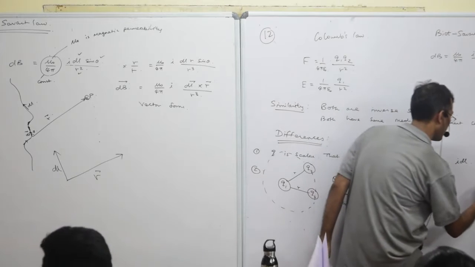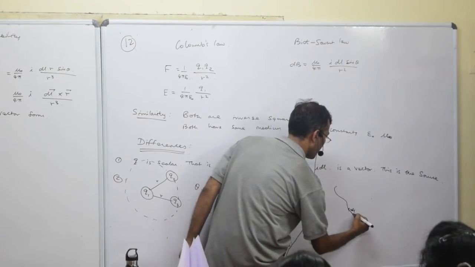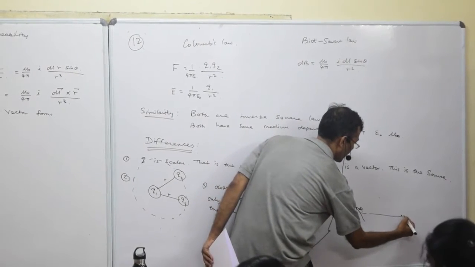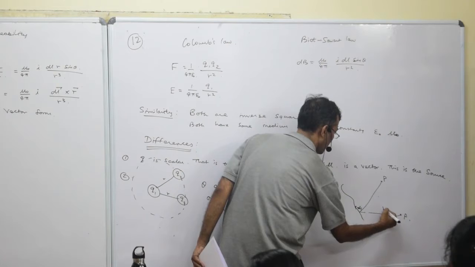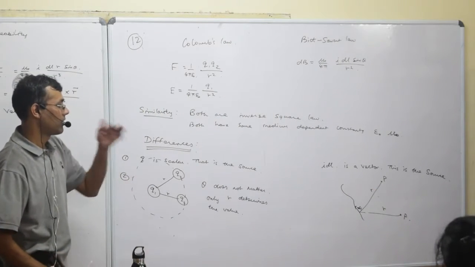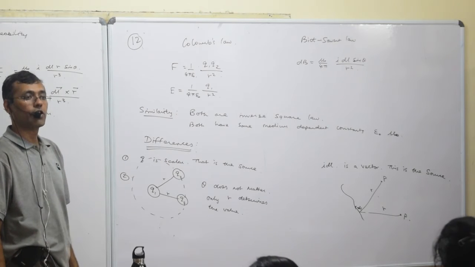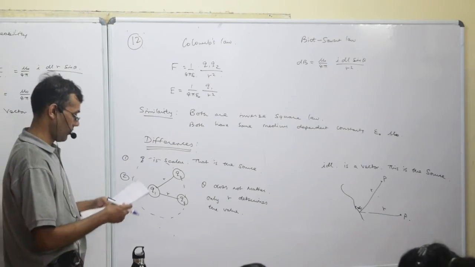Here I am going to say, if I have a dl here, right? And if I take a point P here, and if I take a same distance point P here, right? So in this case, if you calculate the dB, it is not going to be same. It is going to be different. Okay. So take it down here.